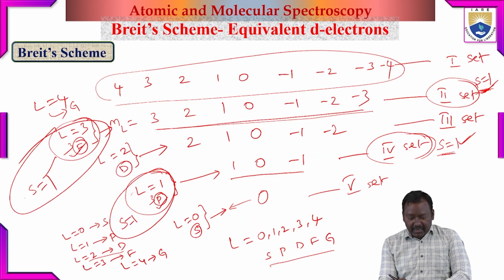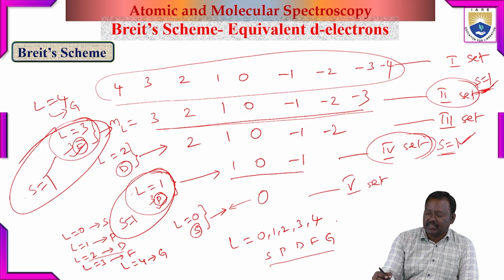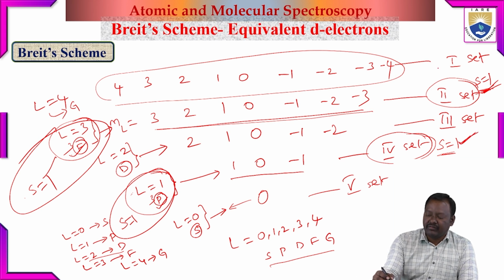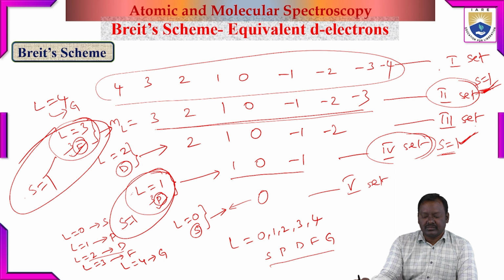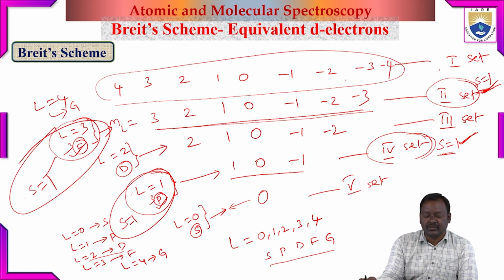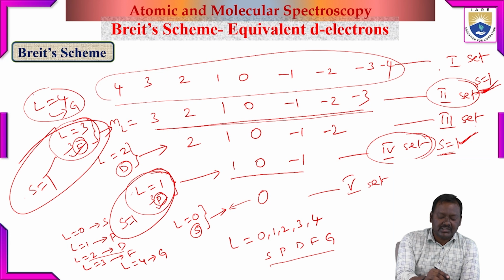Okay, so we already found the spectral terms for the second set and fourth set. The remaining sets are first set, third set, and fifth set. First set means 4, 3, 2, 1, 0, minus 1, minus 2, minus 3, minus 4, so L equal to 4.